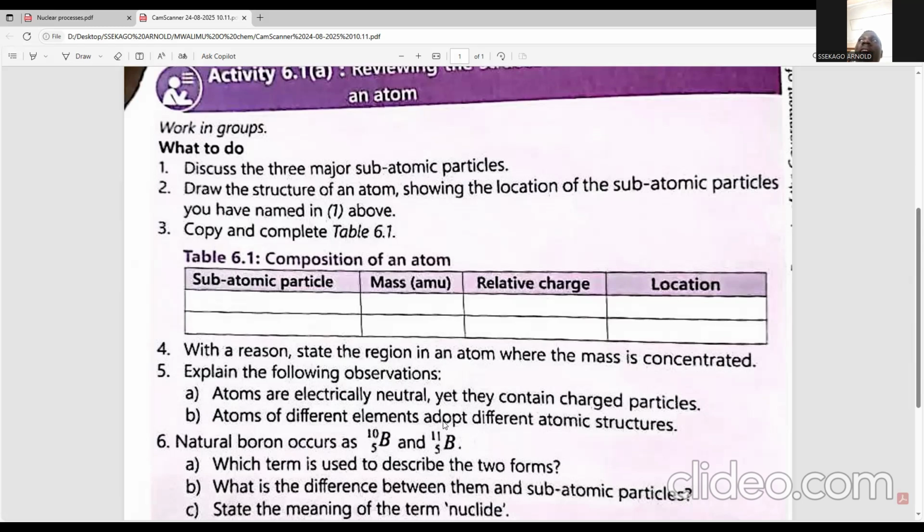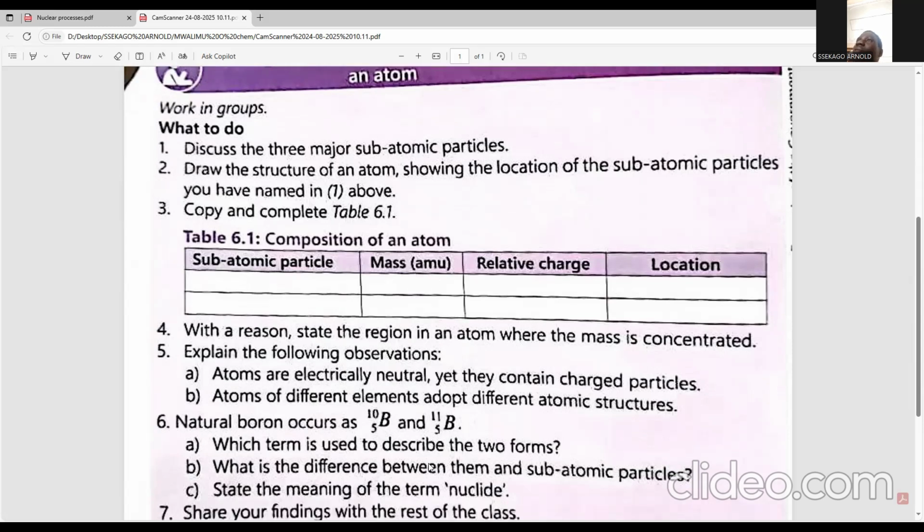There is a term which we use to describe atoms of the same element. They have the same atomic number, which is 5, but the atomic masses are different. Here we have 10 and here we have 11. So which term is used to describe those 2 forms? You have to also think about that.